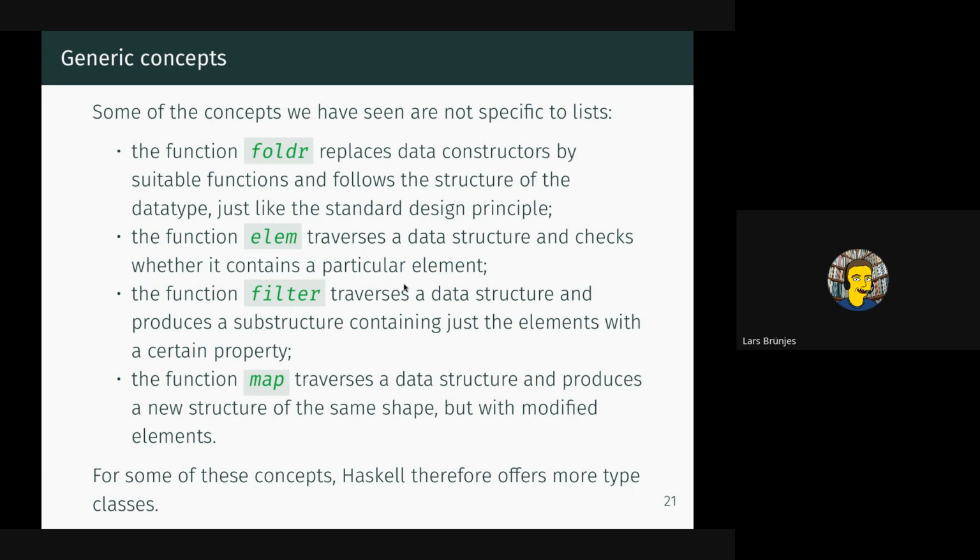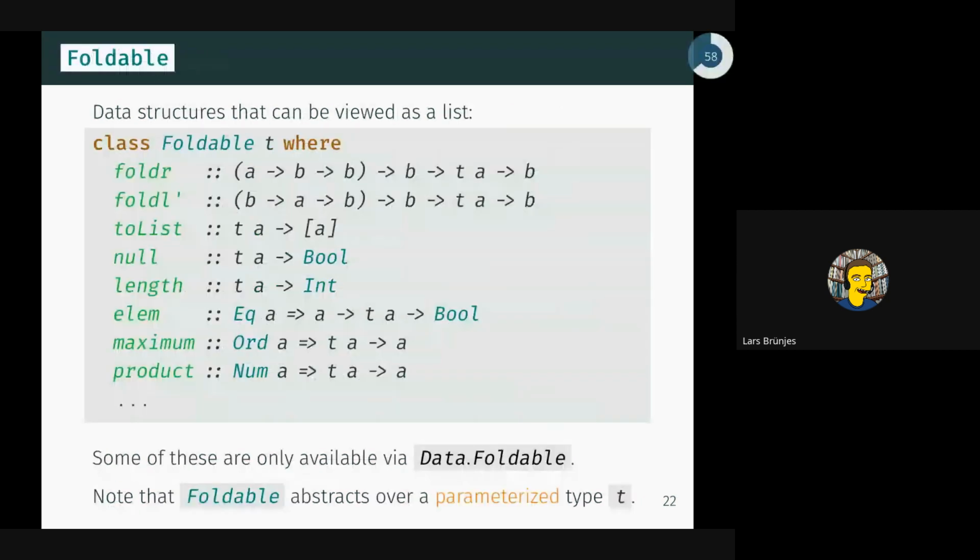And because this is not intrinsically linked to lists, it could apply to other data types, containers as well. There are type classes for that, and one of those we already mentioned in the introduction, that's the so-called Foldable class. The way to think about Foldable is something like a container type, something containing elements of a specific type, like a list.